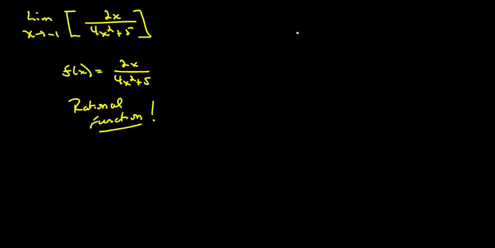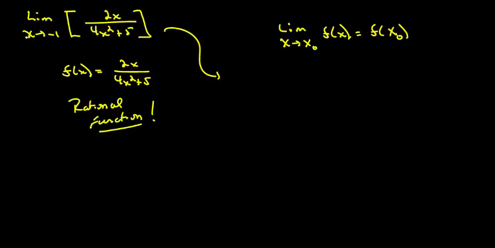So the idea of a function being continuous is that the limit as x approaches x naught of f of x is actually equal to the function evaluated at x naught. Here, instead of x naught, we're using -1.